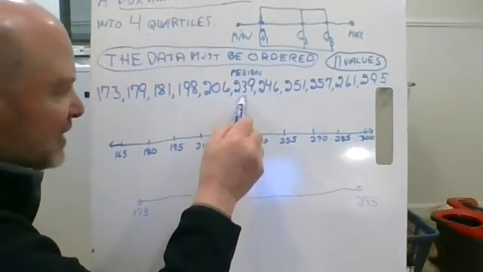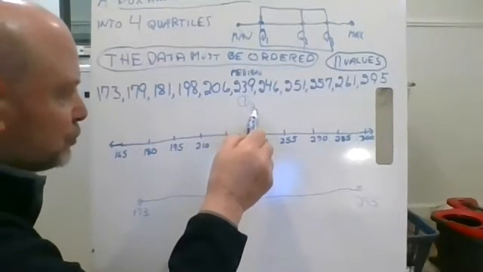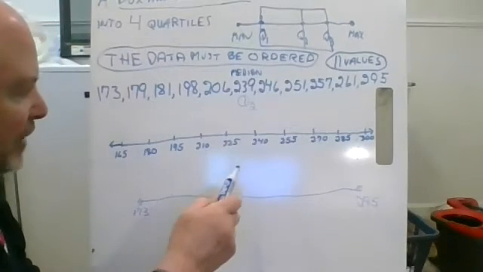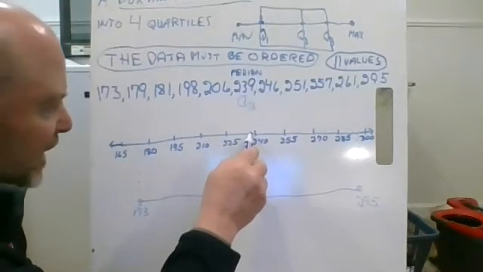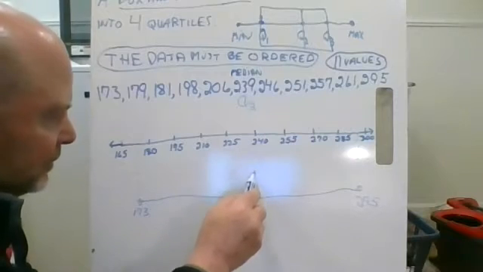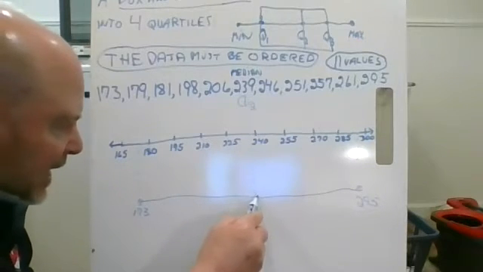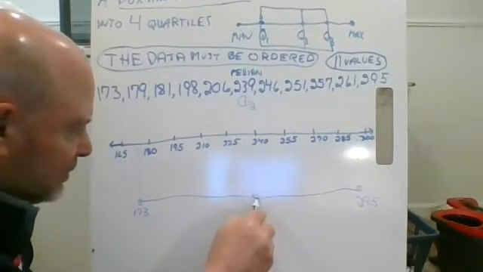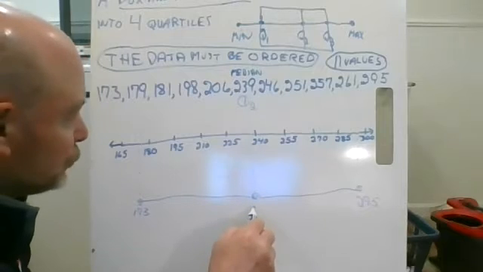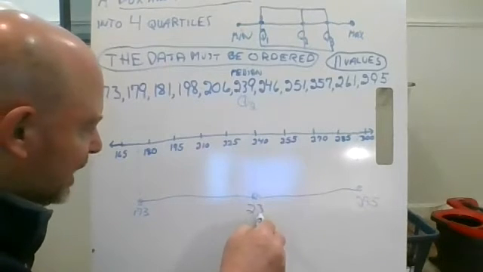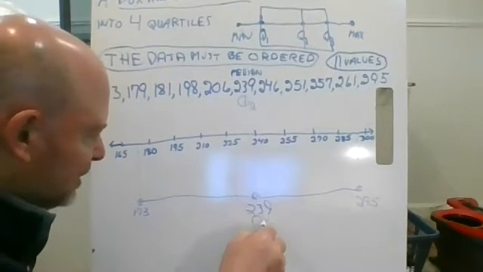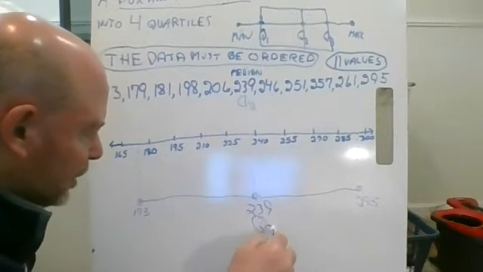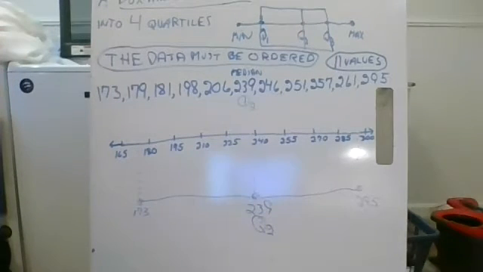And that is your Q sub 2. And so now you go to 239, which is about here. Drop it down, put a point, put your 239, and underneath that, write your Q sub 2. So that's the first point we come up with, the median.